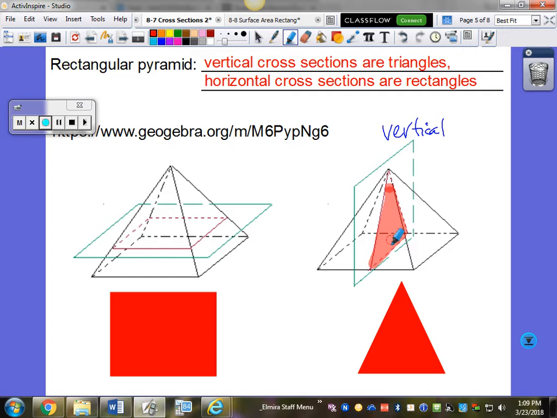Or a horizontal slice, which on a two-dimensional screen looks like a parallelogram, but you have to imagine that it's not, and when you tip it up it would look like a rectangle.